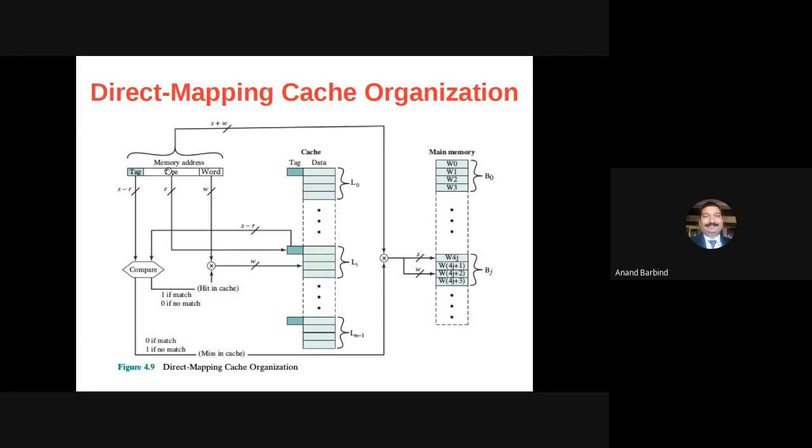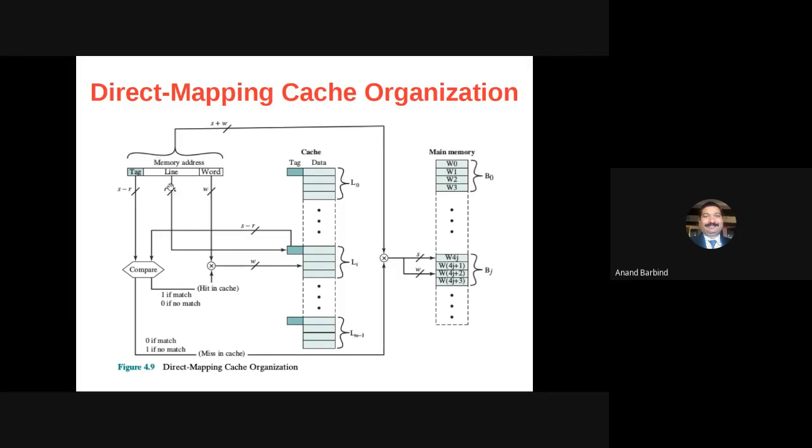Again, this particular line field is determined by how many lines there are, how many bits are there in the line as a part of that address. Here m number of lines are there.